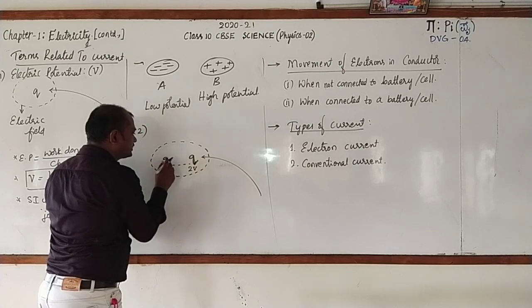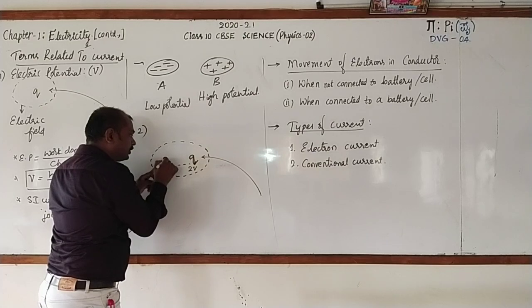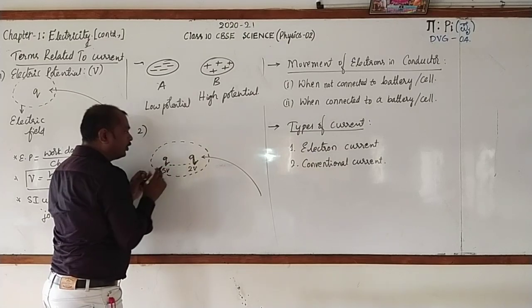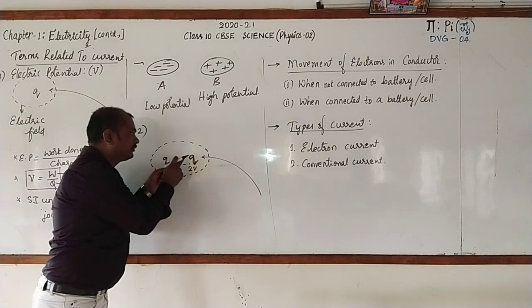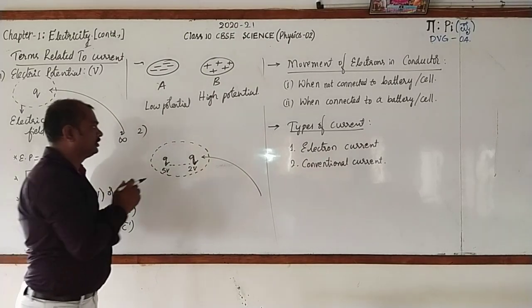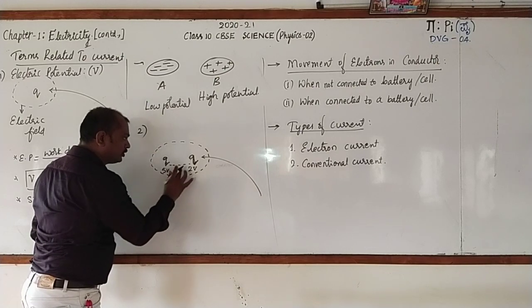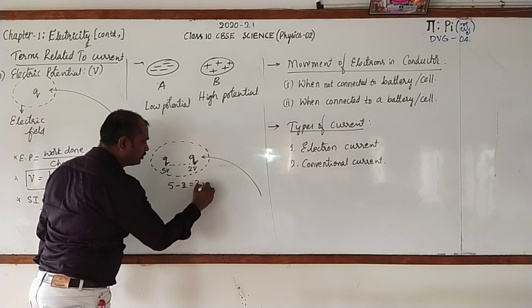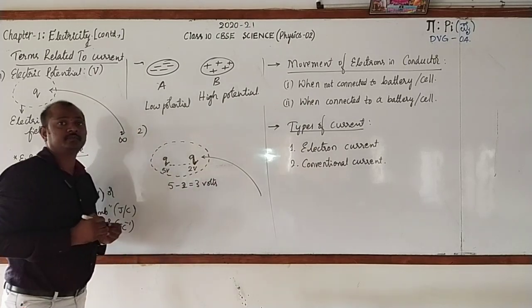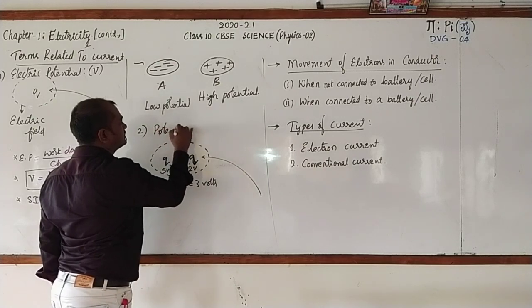Then it acquires the position from here to here, and assume that the potential of this charged particle is 5 volt. Will there be any difference in the potential? Yes. How much? It is 3 volt. Got it? So the potential difference is 3 volt: 5 minus 2 is equal to 3 volts. And this is known as potential difference.